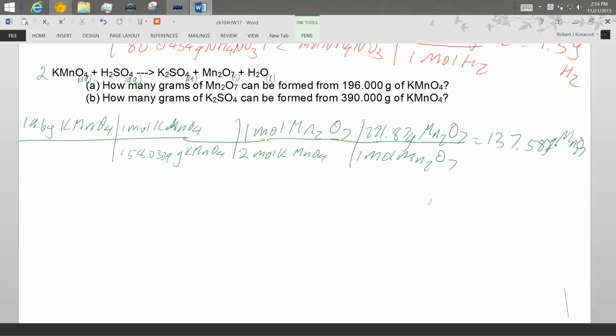Okay. So now we want to know how many grams of the potassium sulfate we can make from 390 grams of the potassium permanganate.